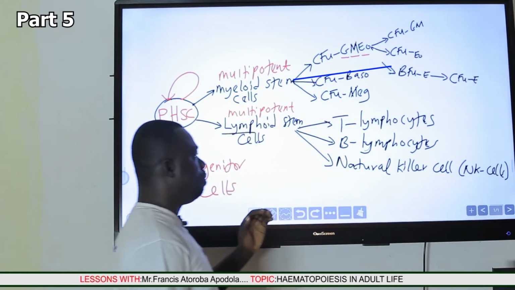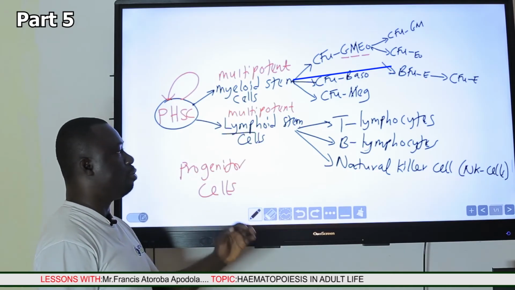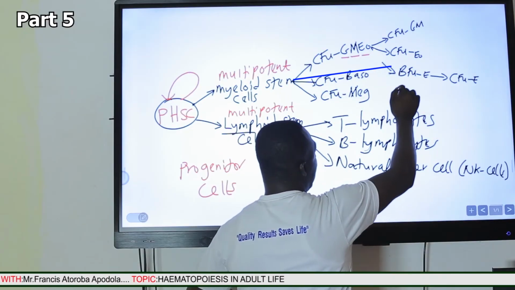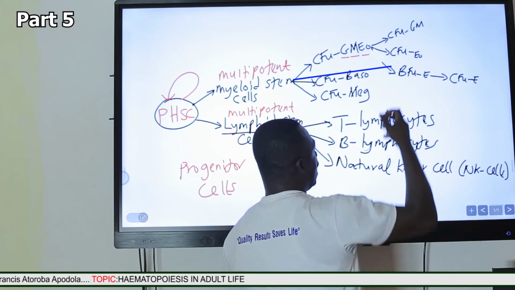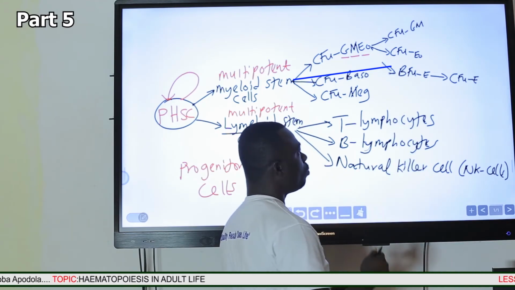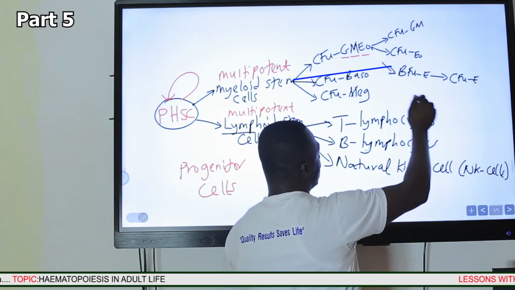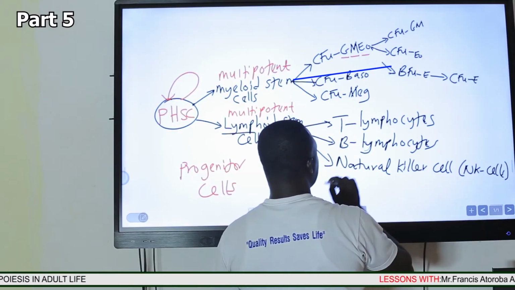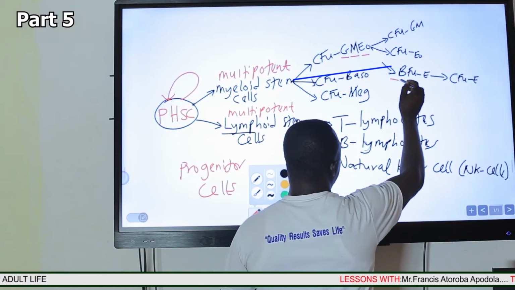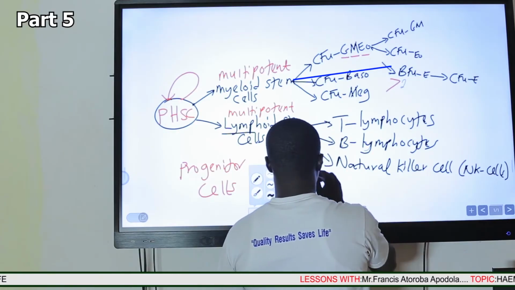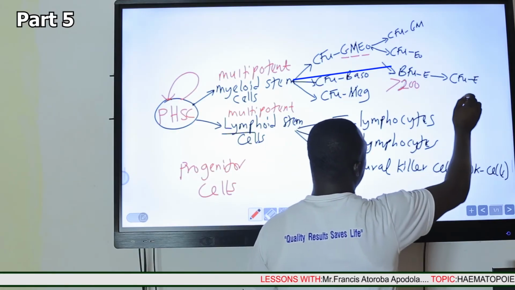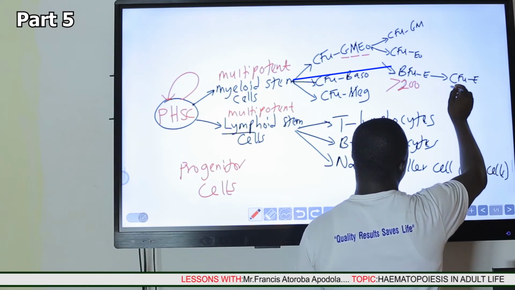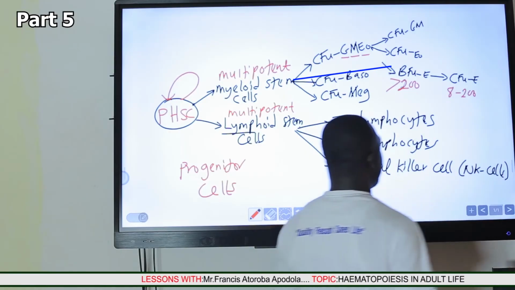What is the difference between them? All of these are colonies, but when we count the number of precursor cells in a hematopoietic assay, the burst forming unit erythroid has greater than 200 erythroblasts, whilst the colony forming unit erythroid colonies have about 8 to 200 erythroblasts.